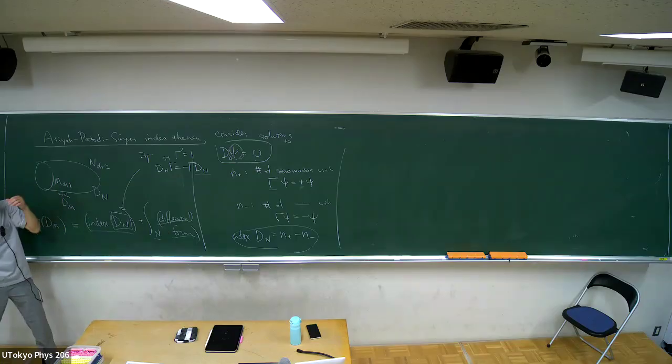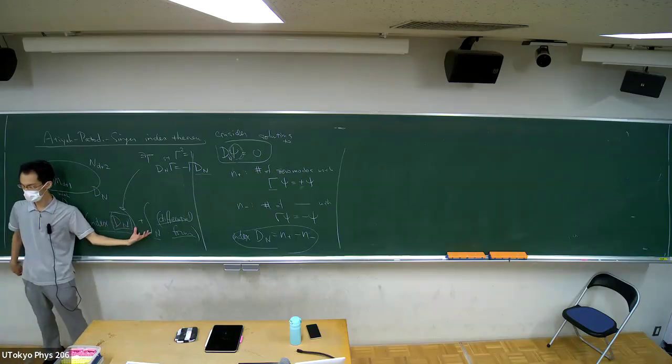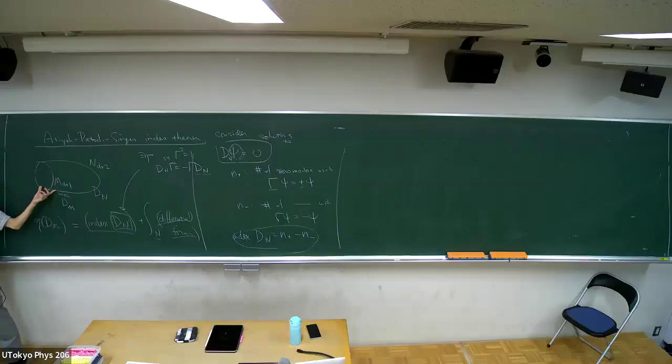And the Atiyah-Patodi-Singer index theorem is a generalization of this when the manifold in question has a boundary. So that's one way to view this index theorem. In that case, this eta invariant appears as the correction term in the original Atiyah-Singer index theorem because of the presence of the boundary.